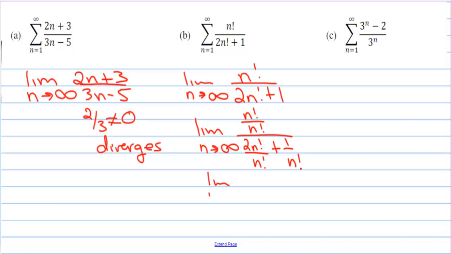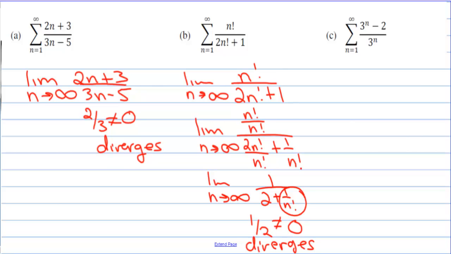We have the limit as n approaches infinity of 1 over 2 plus 1 over n factorial. Well, the n factorial is going to shoot off to infinity, which makes that little fraction go to 0, so the value is 1/2. That does not equal 0, so we say the series diverges.